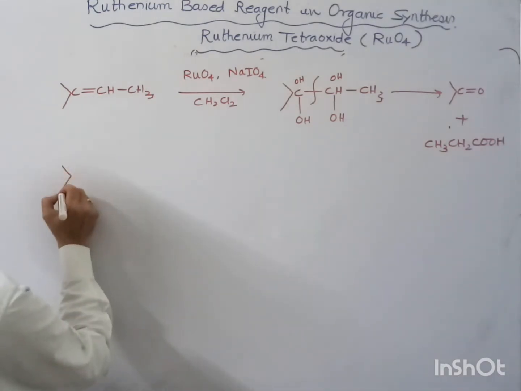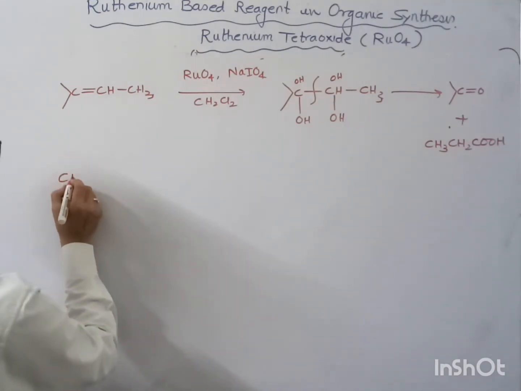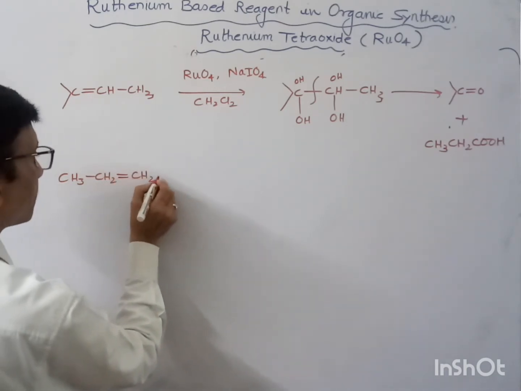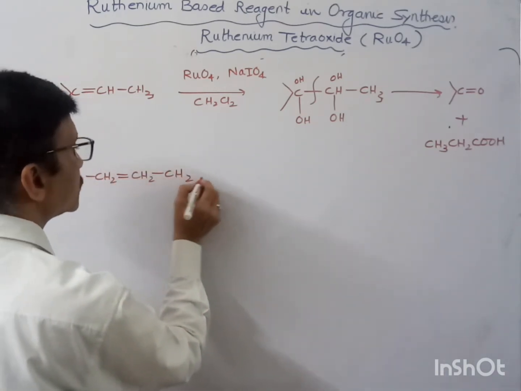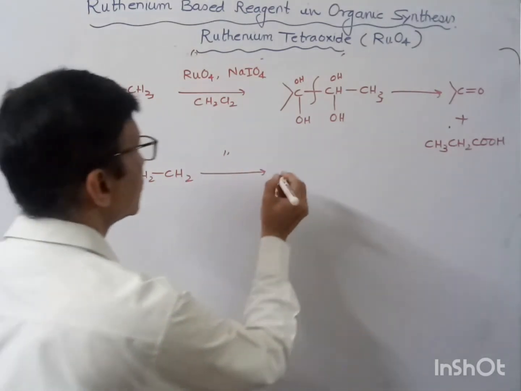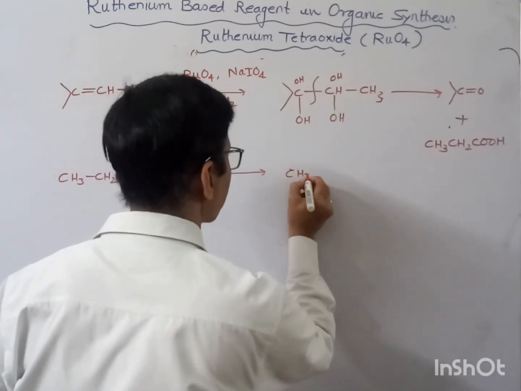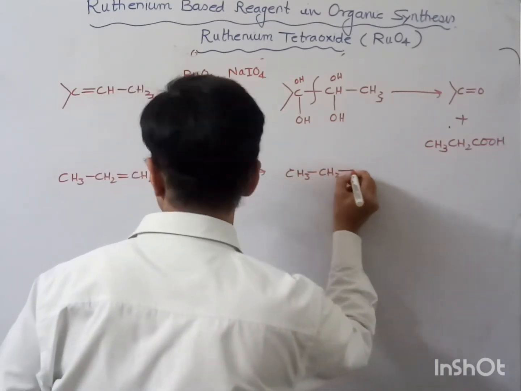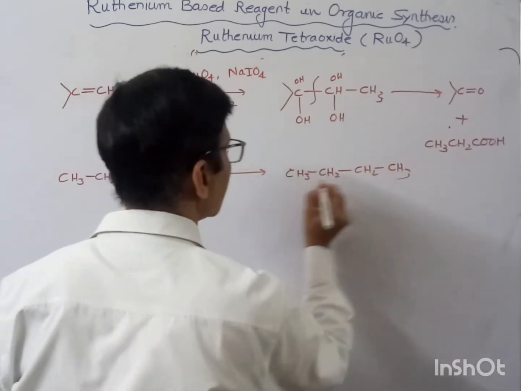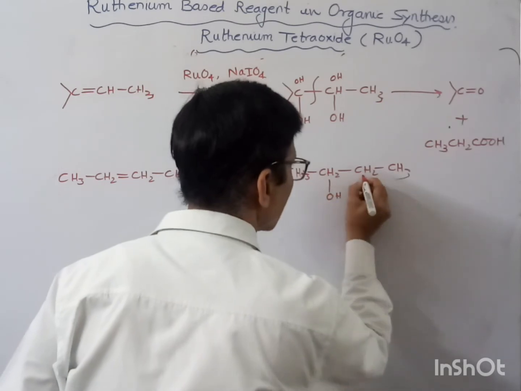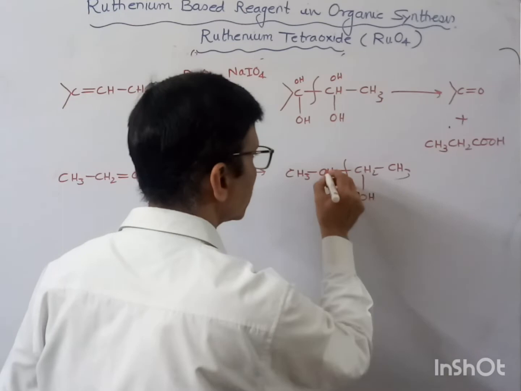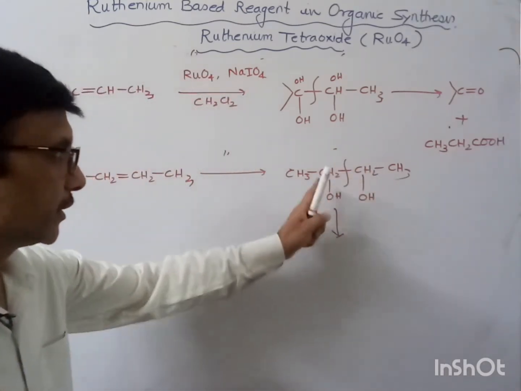Now suppose the next one. For this one, what would be the product? Again, we can convert this first into the diol. That can be converted into the diol, break this bond, and it will be converted into acid.